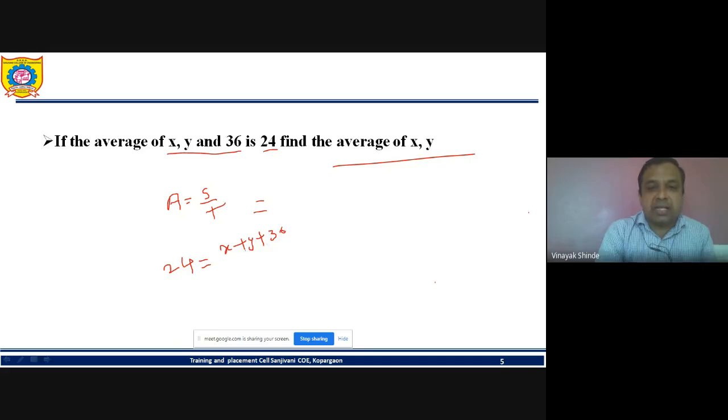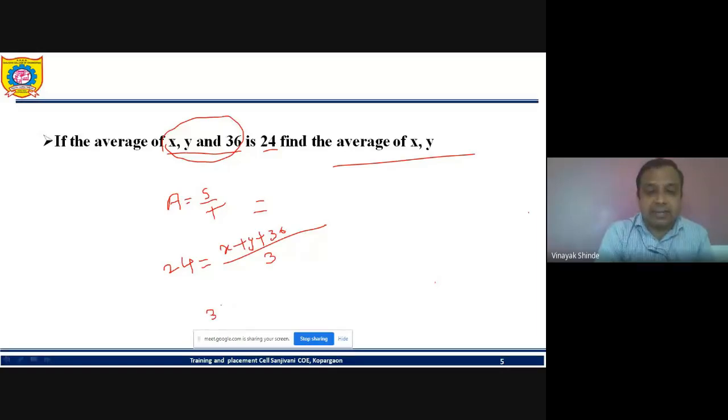So how many observations are there? These are the 3 observations, right? So total number of observations is 3. So how can we simplify it? This is 72, then 36. 72 minus 36 is 36.